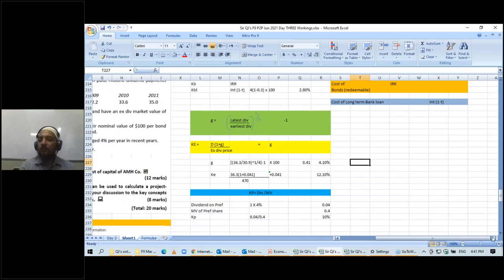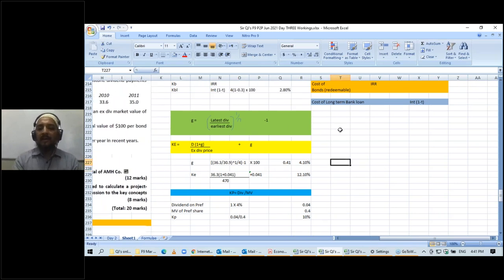For calculating an IRR, we'll be calculating two NPVs of the bond. Now, how will we calculate the NPV of the bond? It is similar to how we calculate in the other case. If we calculate an NPV for a project, we first calculate the cash flows, right? The receipts and payments of that investment. So in this case also, we will be considering the receipts and payments of the bond.